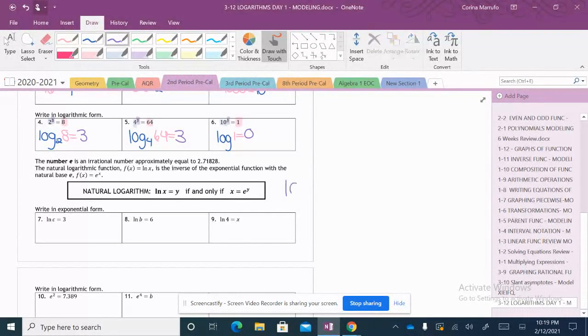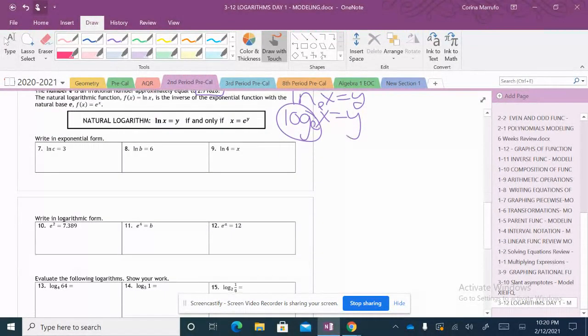For example, if you had log with the little base e of x equals y, instead of writing log base e, we rewrite it as ln, the natural log. Ln of x equals y, so that it's understood that the little number here is supposed to be an e. And the e is an actual number, even though it's a letter, it represents a number.